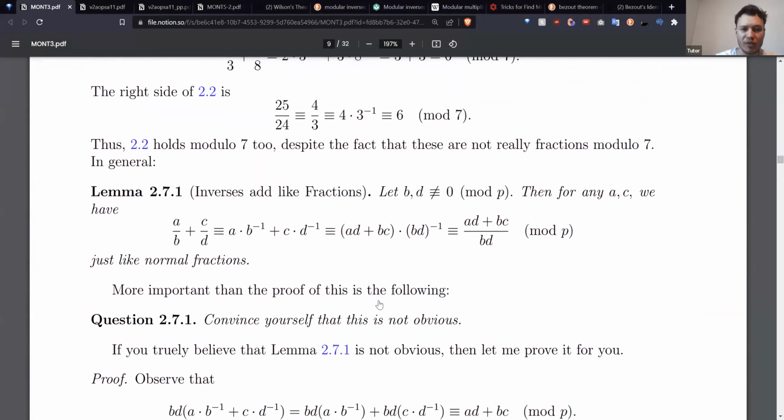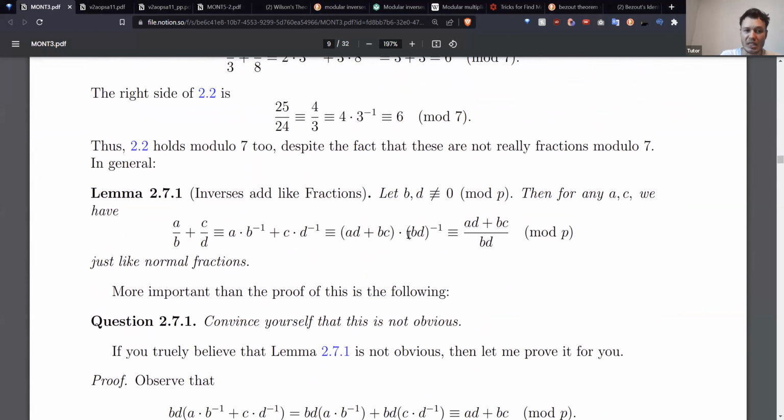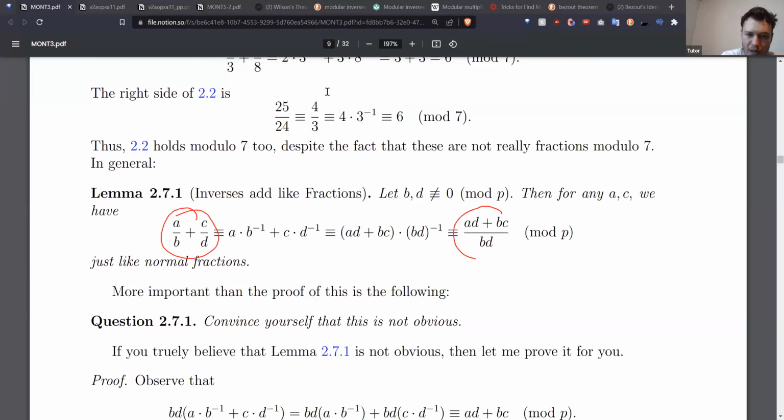How can we prove that inverses behave like fractions? Well, let's look at A over B and C over D. What the statement is saying is that if you look at this example in here, this is going to be congruent with this. Why is that the case?